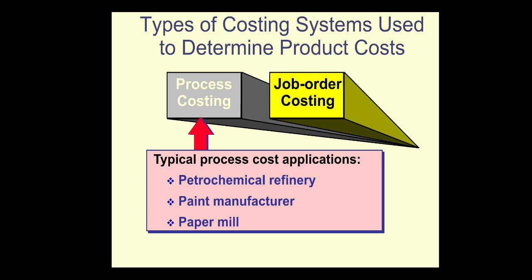The basic equation for process costing is the total cost, which is $10,000, divided by the total quantity, which is 10,000 bottles. So the cost per unit for a bottle of Coke is $1. That is one example. What else?